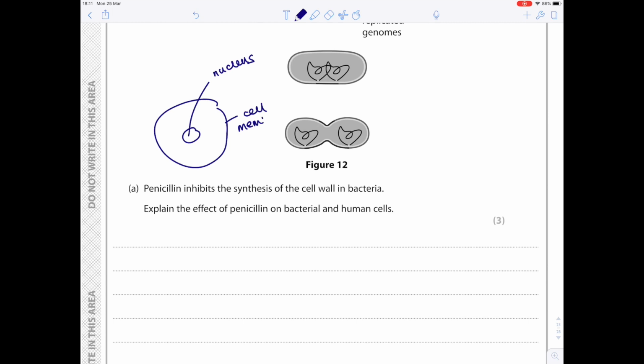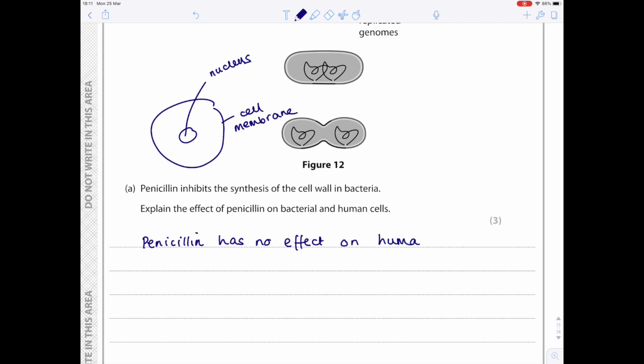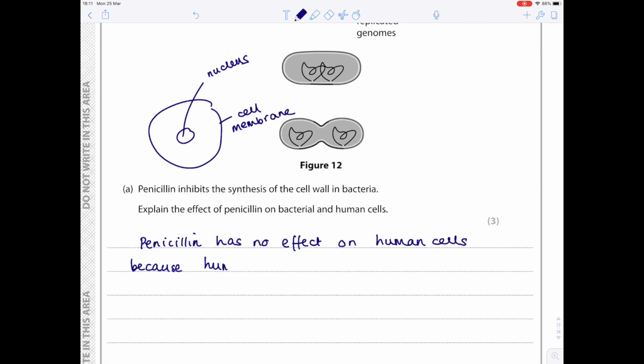There is no cell wall in an animal cell or in a human cell, and therefore penicillin will have no effect on human cells, because human cells have no cell walls.